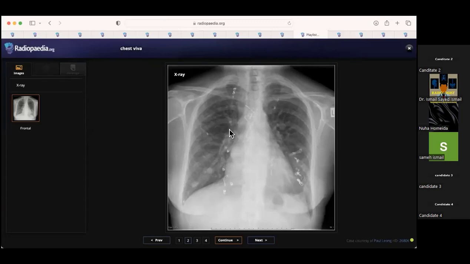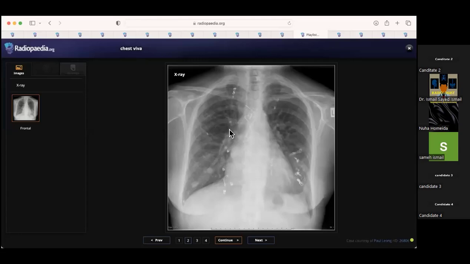I can also notice tubular airspace opacity involving the right lower lung lobe associated with a feeding artery and draining vein, representing pulmonary arteriovenous malformation.